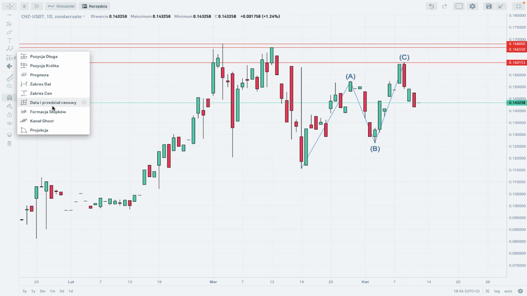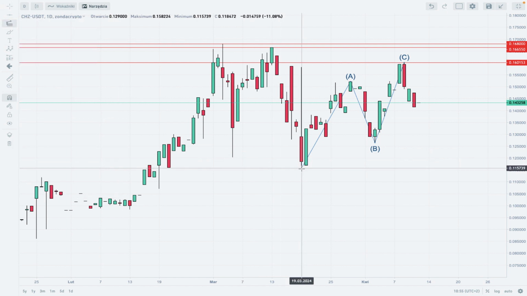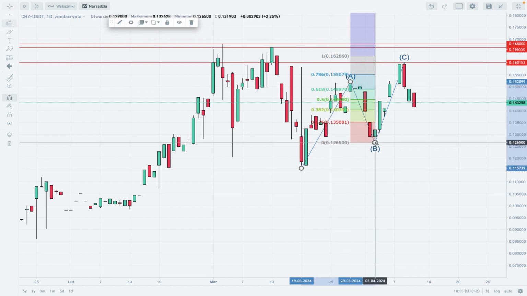Now, where did this level come from? Well, I am pretty sure that this level came from the Fibonacci. So the Fibonacci here, as you can see, for this level was almost 100%, and the 100% was 0.1628. The local high was 0.16001.